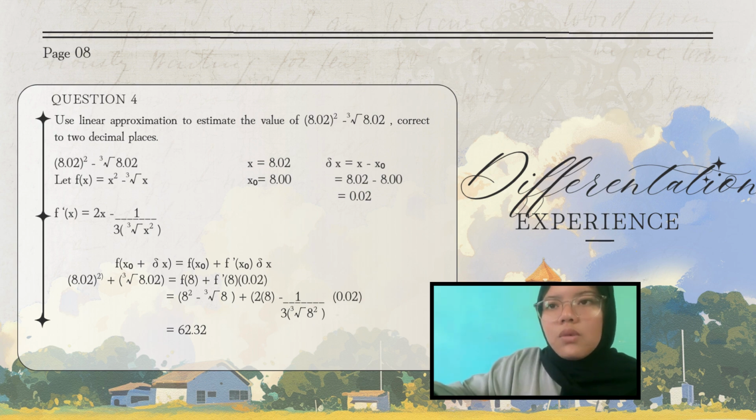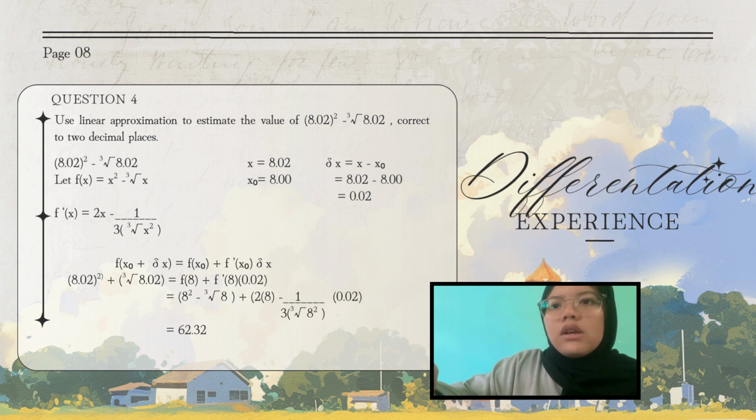For that, we should identify the given value and the chosen value. The given value is the one that has been given in the question. It is 8.02. The chosen value is the integer that is near the given value. It is 8.